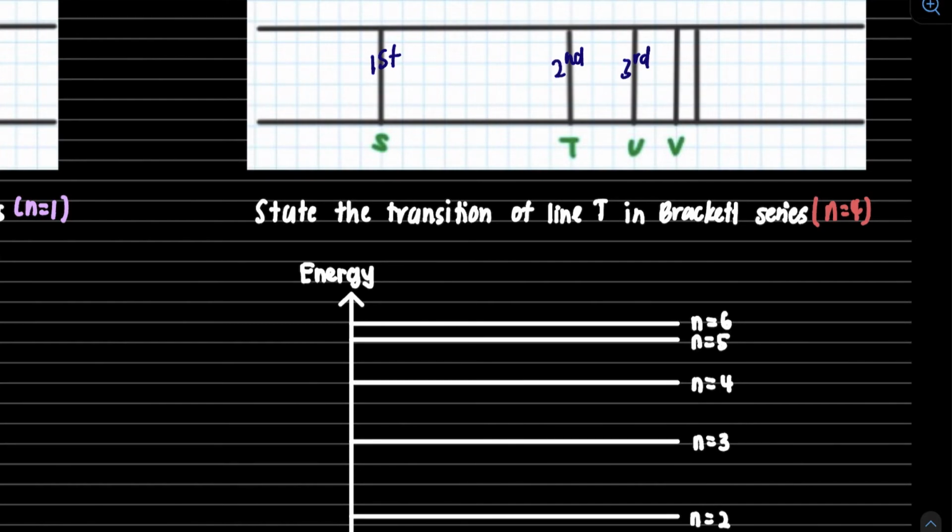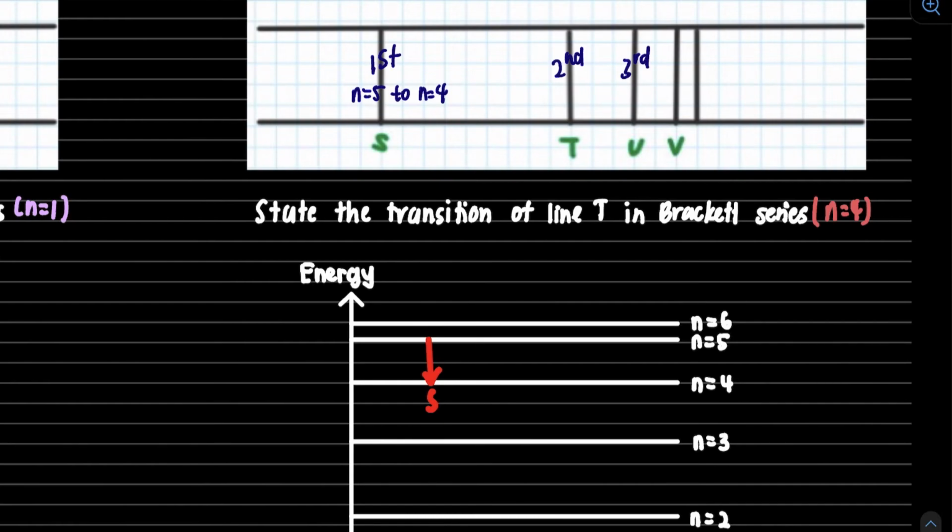So for n equal to 4, the first possibility is n equal to 5 falling to n equal to 4. In the energy level diagram, from n equal to 5 down to n equal to 4. So this is my S.